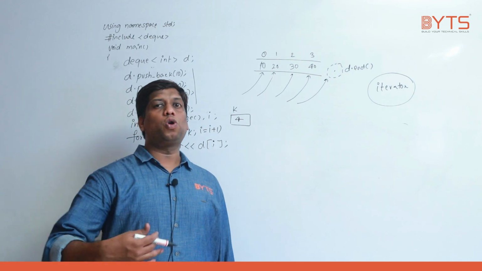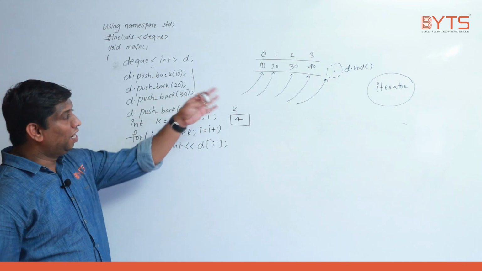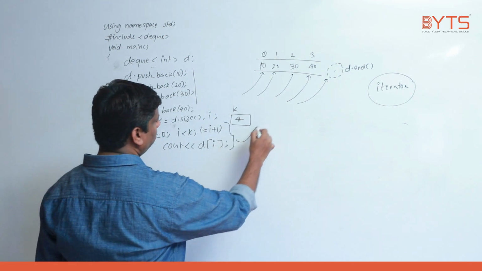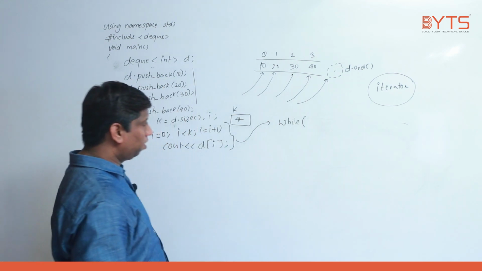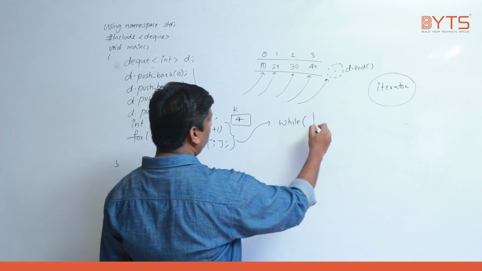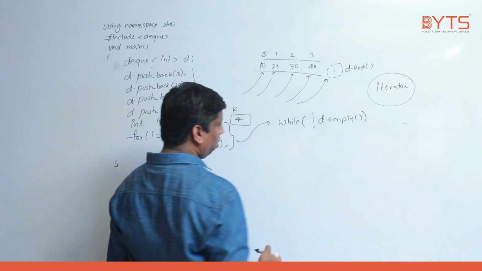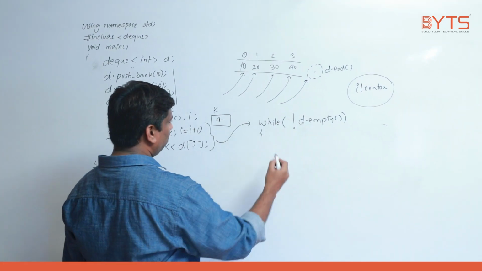Now let us take, I want to print the data like deleting. Instead of this, how can I write? While not d dot empty, right? Not d dot empty. Next, what will I do? I want to print the data. How do I print it?